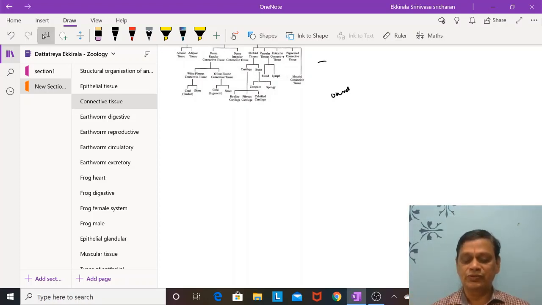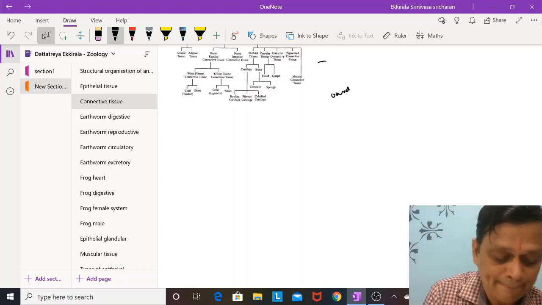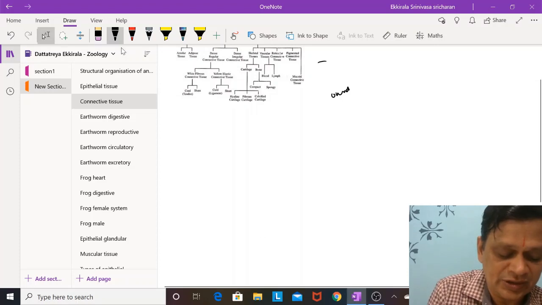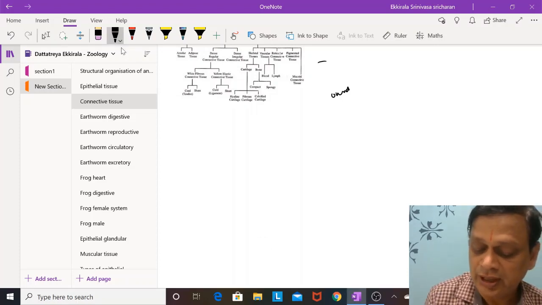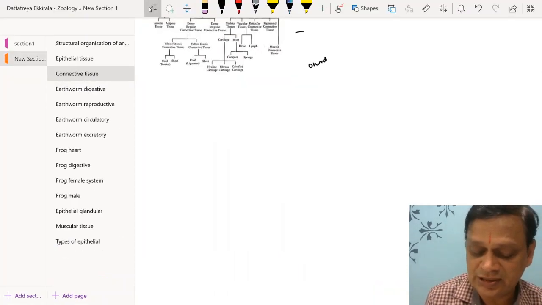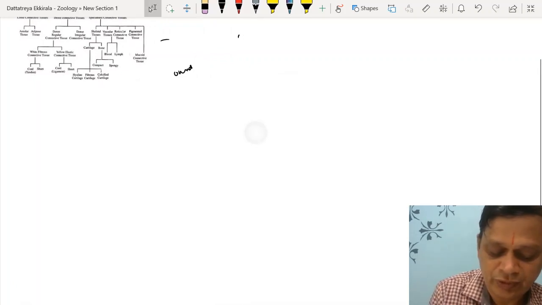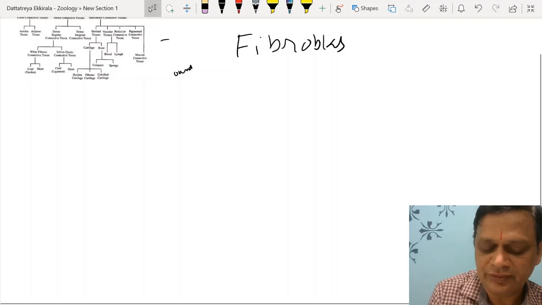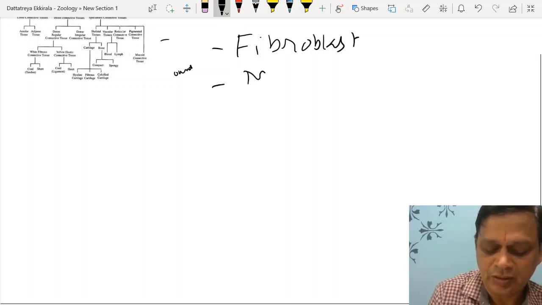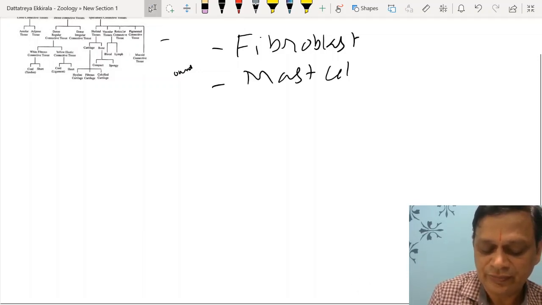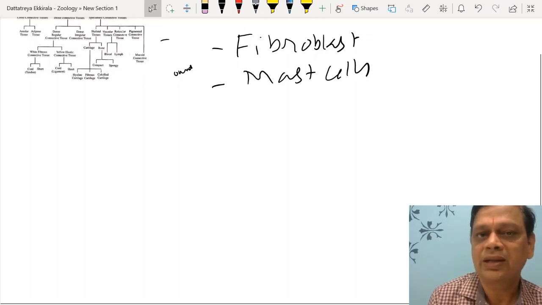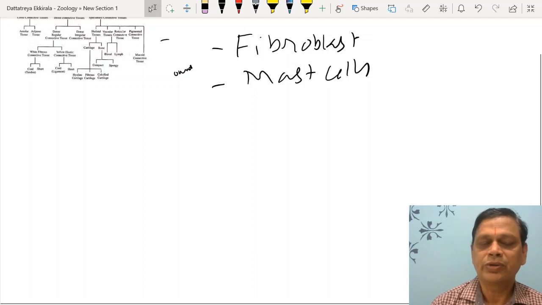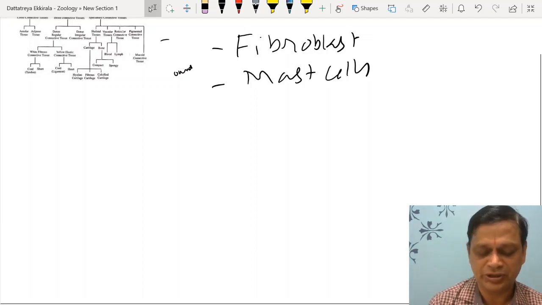Fibroblasts are those cells which produce fibers. Then mast cells secrete histamine, bradykinin like substances which will be produced at the time of inflammation.